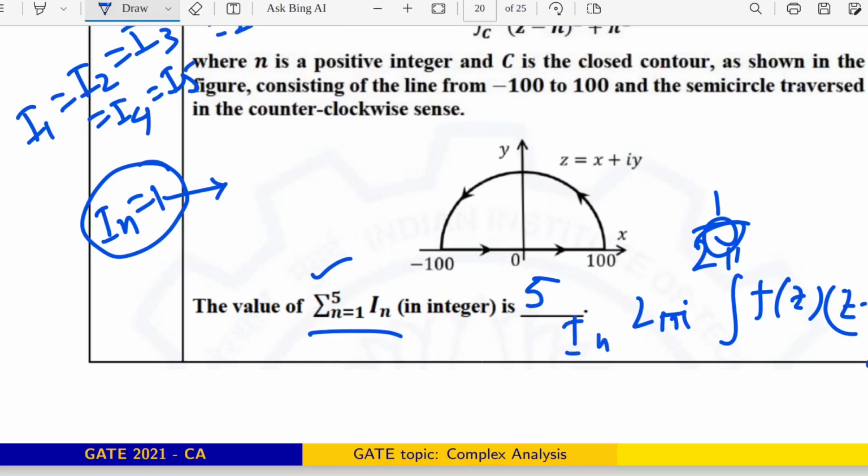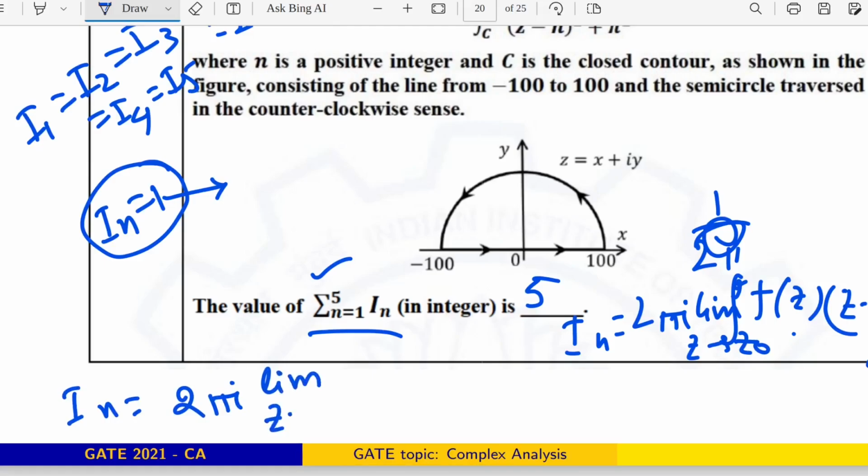This is the formula. So in complex calculation, whatever the contour is, if it is a counterclockwise contour, then only can we express that integration as 2 pi i times the limit as z tends to z0 of (z minus z0) f(z).